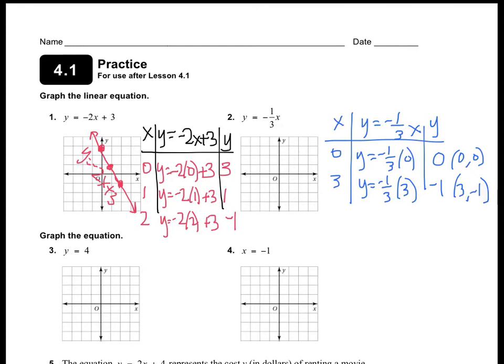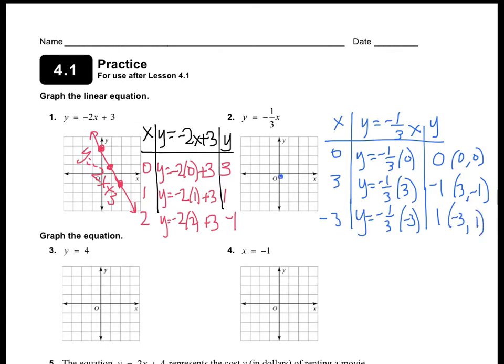Now, since I told you in the earlier question, if I have room, I would like to plug in a positive, a negative, and 0. So I'm thinking ahead, and I know that negative 3 will fit on the grid. So y equals negative 1/3 times negative 3, and that gives me positive 1, so I will eventually plot the point negative 3, positive 1.